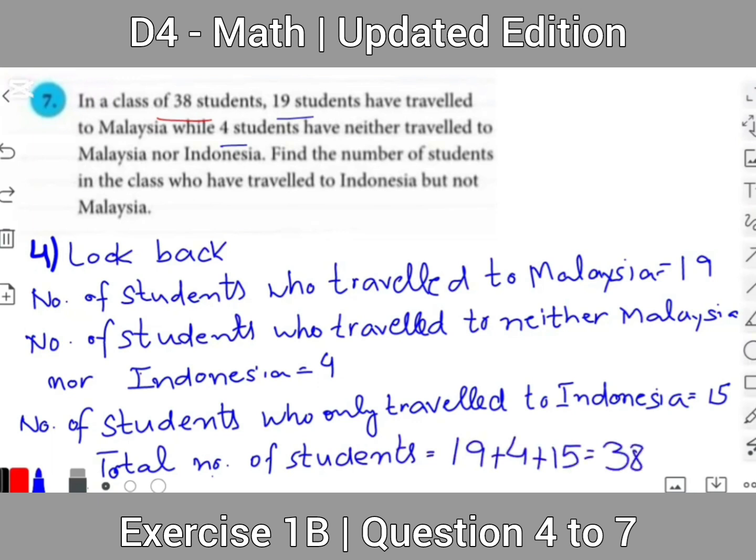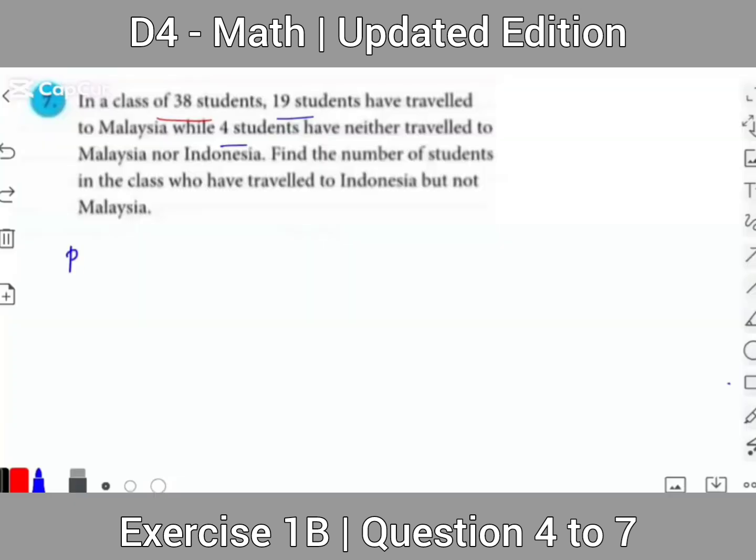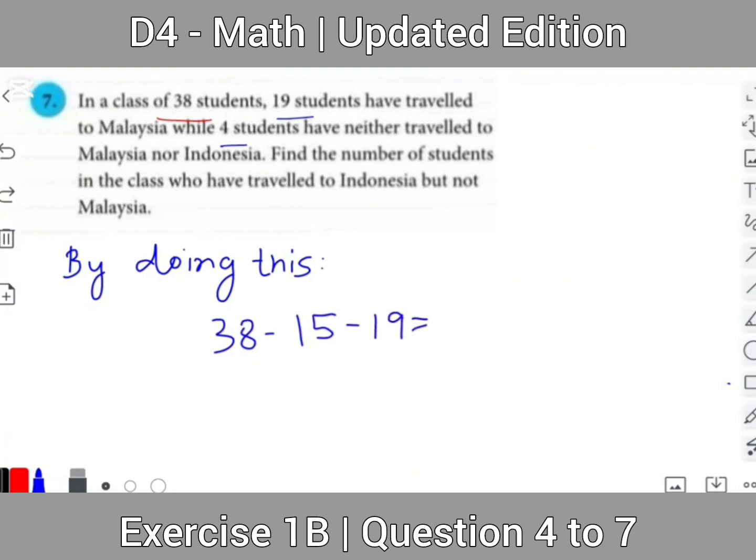So this shows that our answer is correct. By doing this, 38 minus 15 minus 19, and it will give us 4. However, we complete the one diagram for the purpose of illustration only. So here the problem ends.